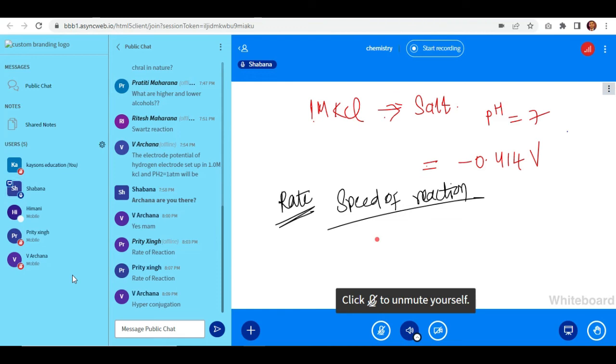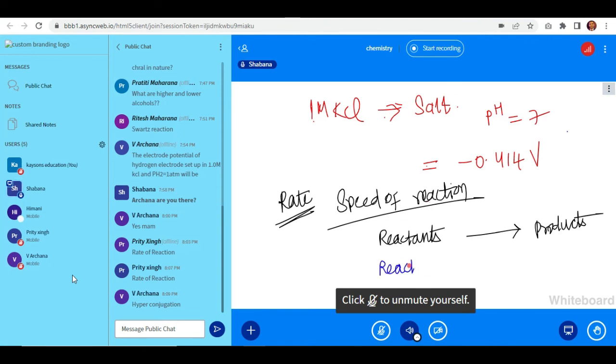Okay, so suppose we take reactants. You will mix all the reactants together. After some time, you will find products, right? Initially there are no products, but later on products are formed. It means reactants are being converted into products.